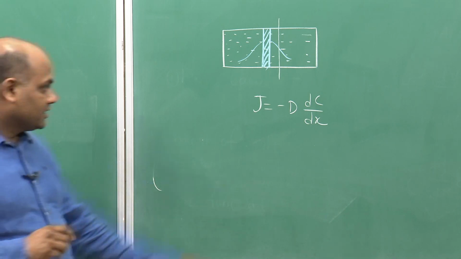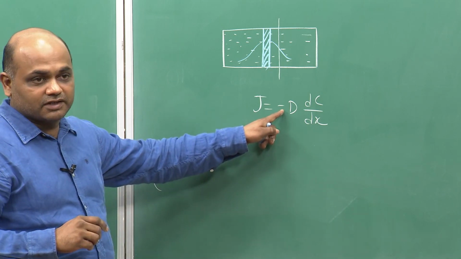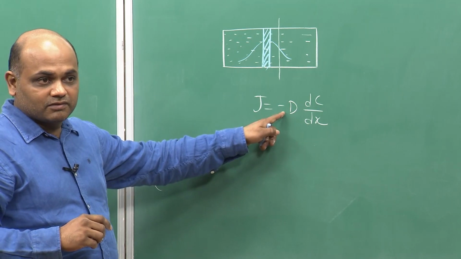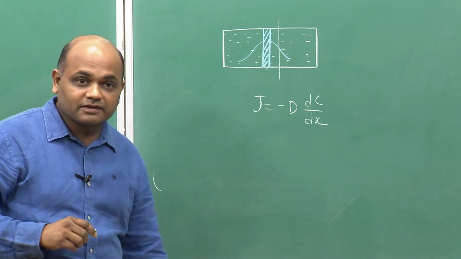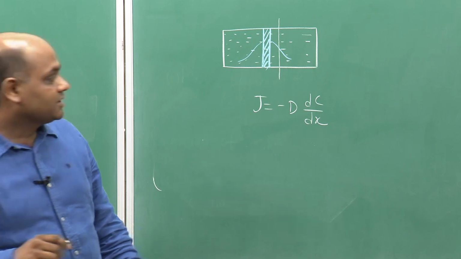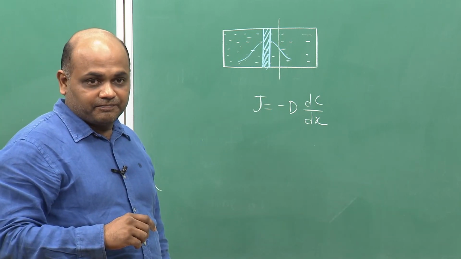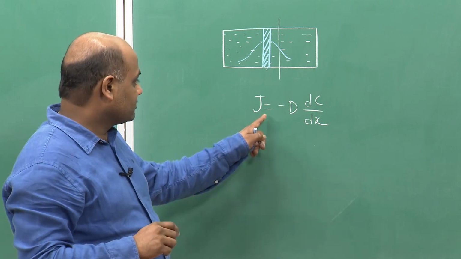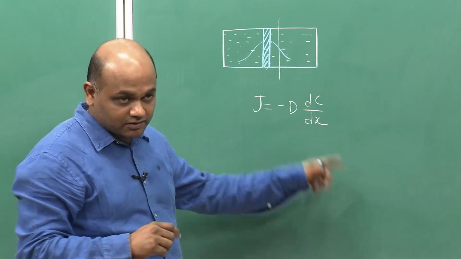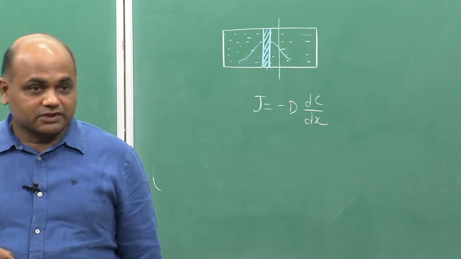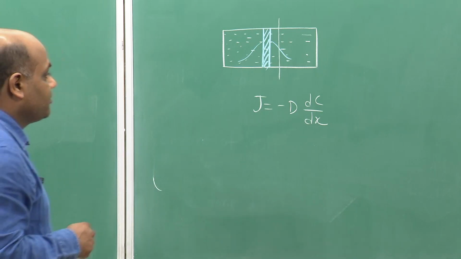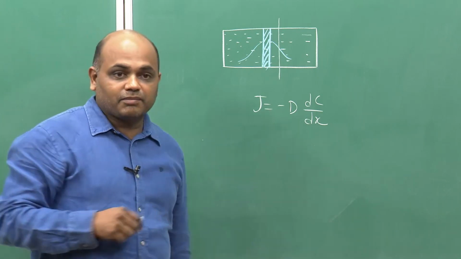Right. By the way, this negative sign here, what is the purpose of this negative sign? Because the diffusion occurs down the concentration gradient. Right. In other words, the direction of flux and the direction of concentration gradient are opposite to each other. So, in order to get a positive value of the constant, we apply a negative sign.